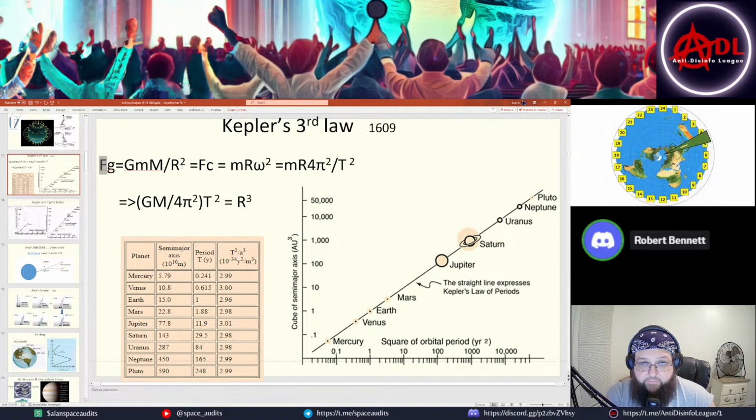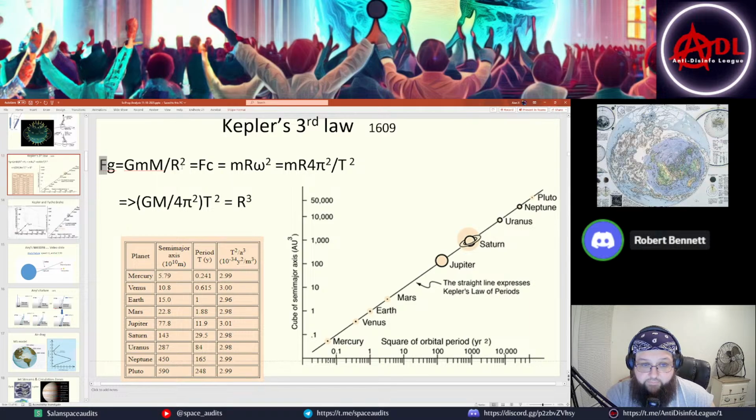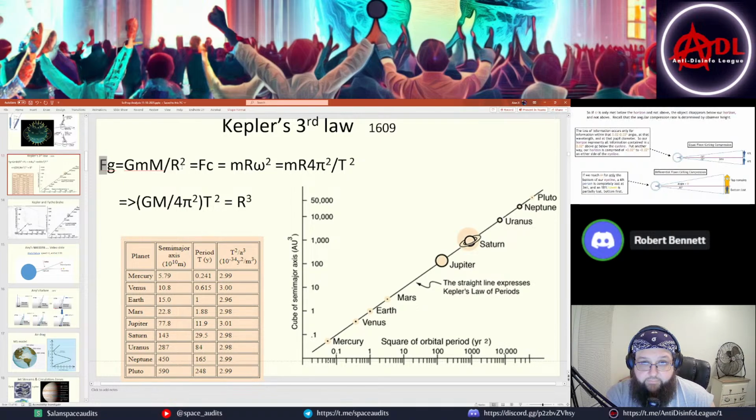Kepler found this just by looking at the planets, keeping a record of how far they were from the sun and how long they took to go around the sun, R and T. And he plotted this graph that's shown, and he discovered what is called Kepler's law.